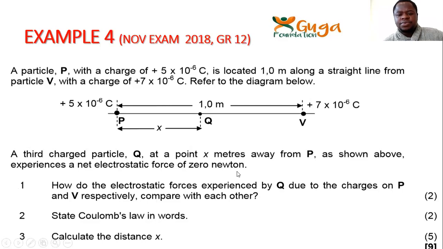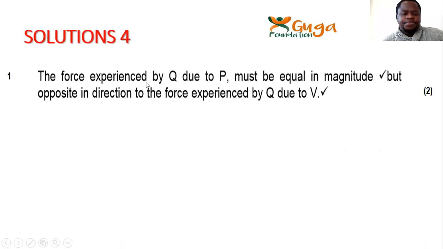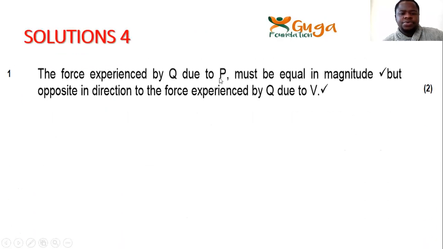So F1 is equal to negative F2. So now you will have the force experienced by Q due to P must be equal in magnitude but opposite in direction to the force experienced by Q due to V. I've said this.